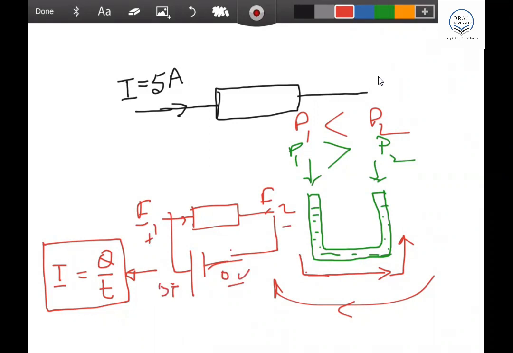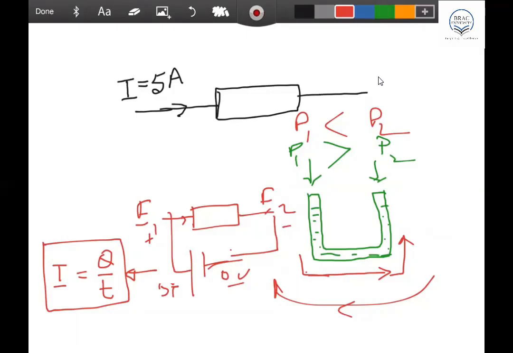The difference is 5 minus 0, 5 volt. This is the voltage difference across the terminals, and the current will flow from higher potential to lower potential, that is from positive 5 volt to 0.